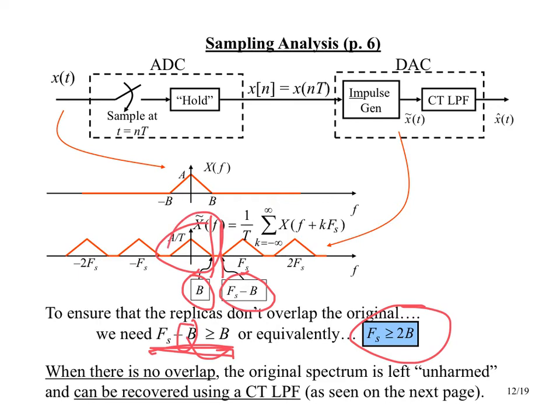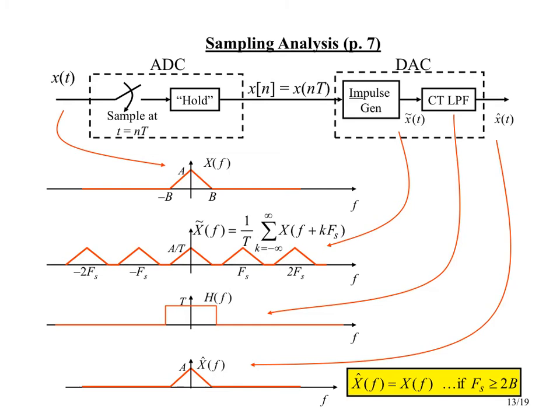And what that allows us to do then, we can see here. Here's the case we were just looking at. We don't have any spectral overlap here, or here. And so now we can apply this filter. Now listen carefully.